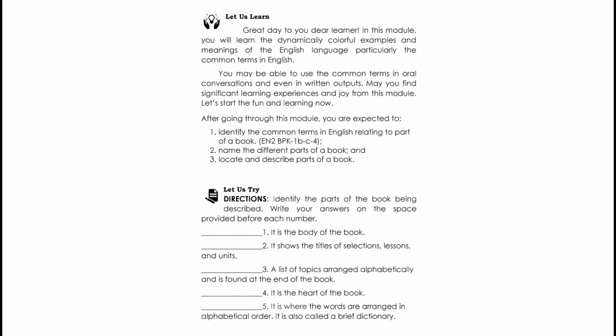Number 3, a list of topics arranged alphabetically and is found at the end of the book. Number 4, it is the heart of the book. And number 5, it is where the words are arranged in alphabetical order. It is also called a brief dictionary.